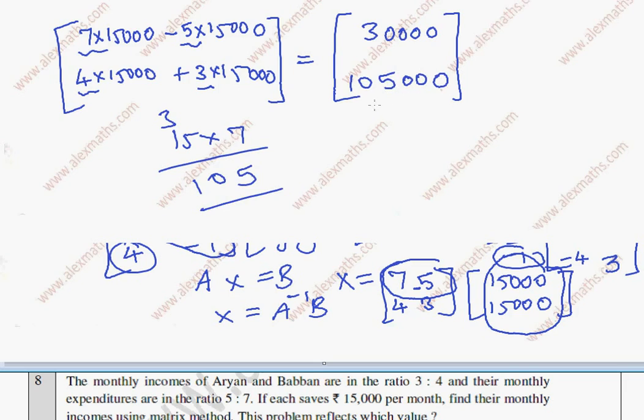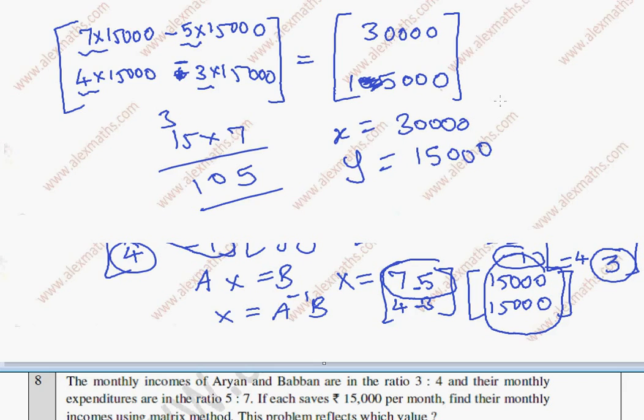And I got the monthly. Just a minute, when I change the sign here, this is supposed to be minus 3. So even here it is minus. So totally it is only 15,000. So the value of x is 30,000 and the value of y is 15,000.